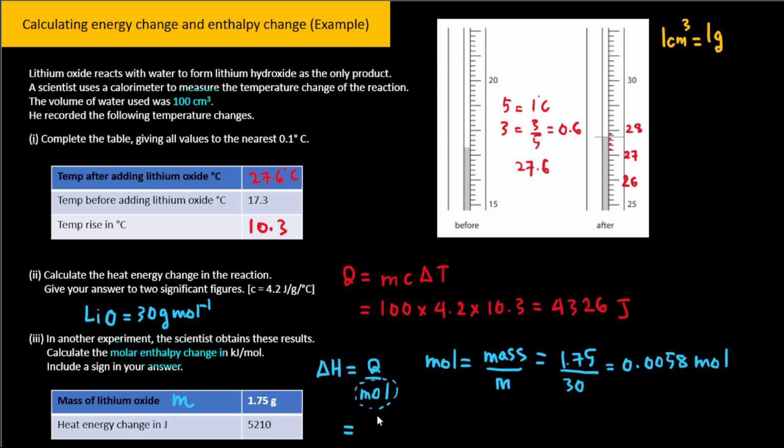So you can actually substitute here. Your Q is how much? 5,210. But since we want this to be in kilojoules per mole, we need to change this joule into kilo.